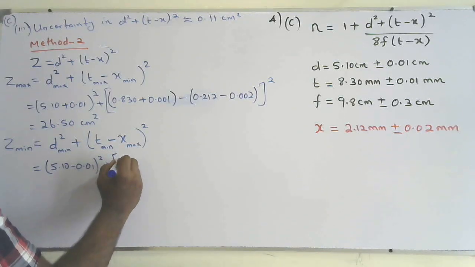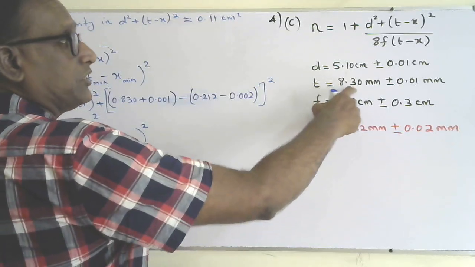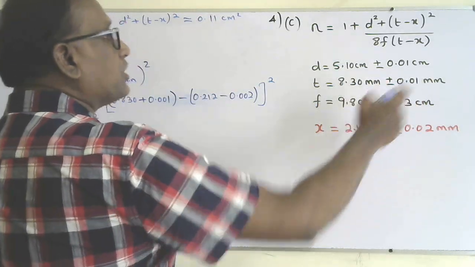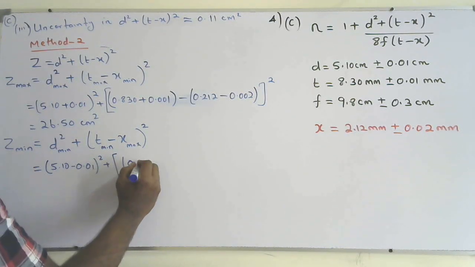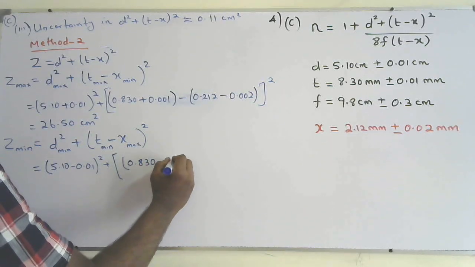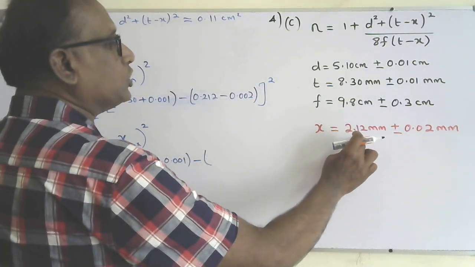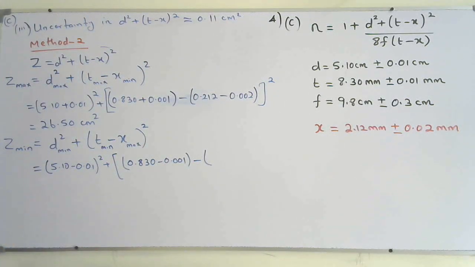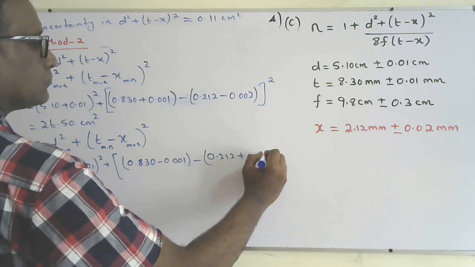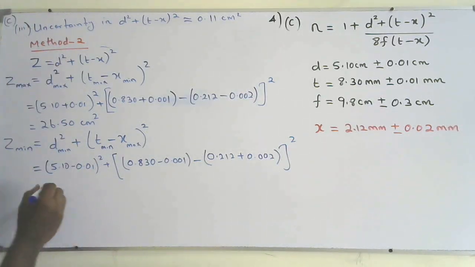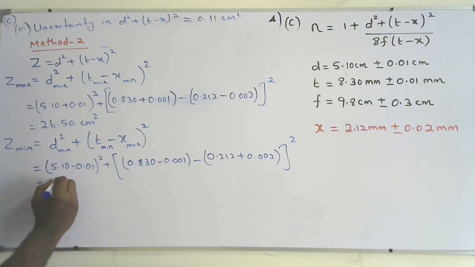T minimum, that is 8.30 means 0.830 minus 0.001. X maximum 0.212 plus 0.002. Okay, solve it. You will get the minimum of this function. That will be 26.29.